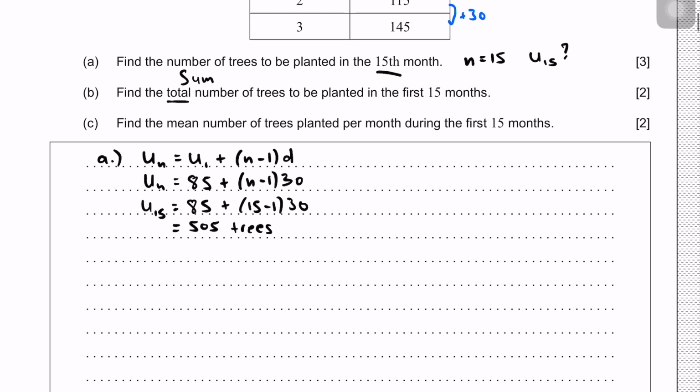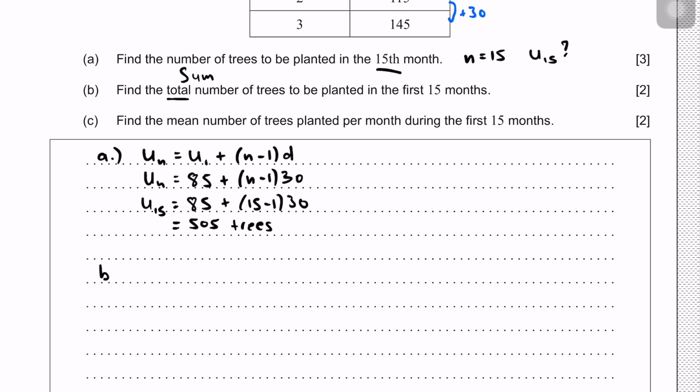So for this, let's use our sum formula. Remember, we have two different sum formulas. The first one is Sn, the sum of n terms, is equal to n over 2 times u1 plus un.